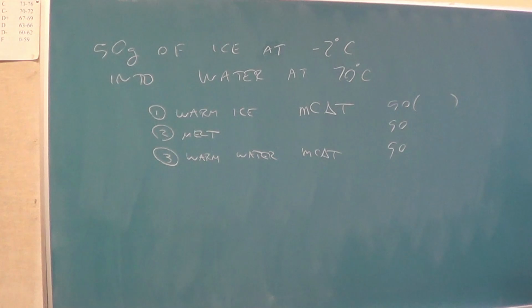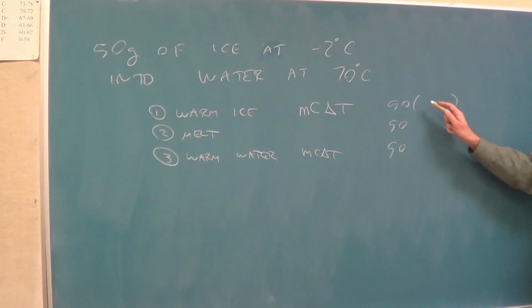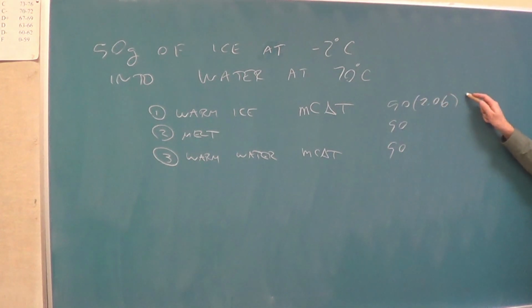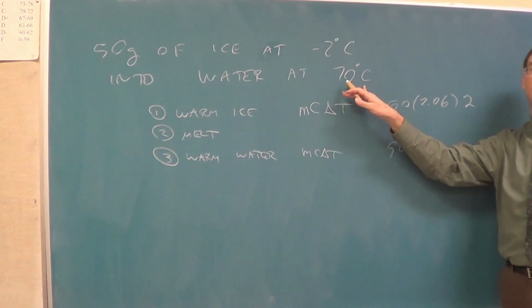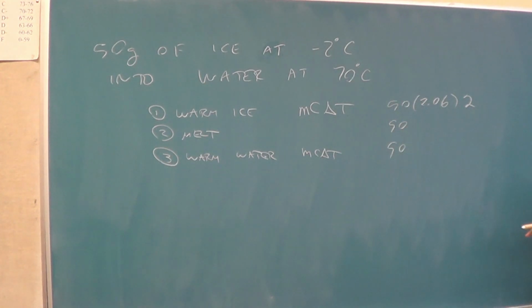That's the 2.06. Temperature change is 2, because we're only trying to get from -2 to 0. We're not even worried about 70. We're just worried about getting the ice warmed up a little bit.